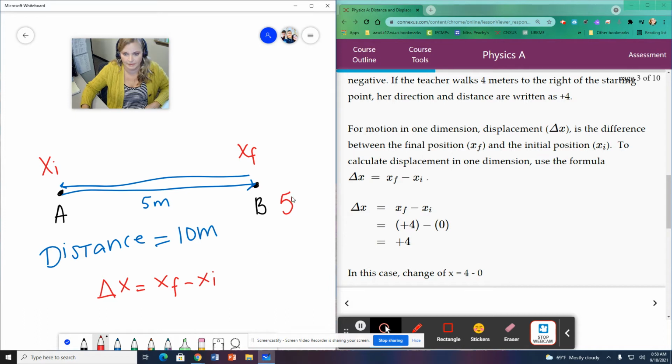Oh, let me go back. My example, I started at A, which was 0. I just screwed up there, so I just started over.